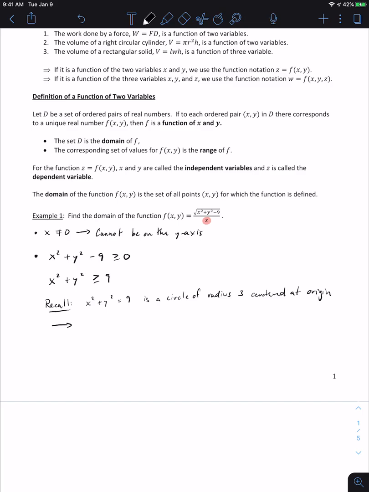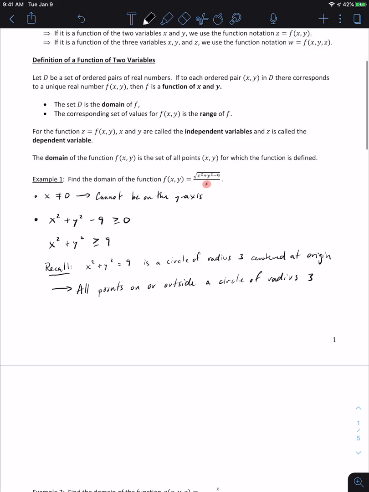Because we have greater than or equal to 9, we know that our domain, if we need to satisfy this, what we're allowing is all points on, and why on? Because of the equal to part, on a circle, and then or outside, because we have greater than or equal to. So whatever we've got has to be bigger than the circle, right? So all points on or outside a circle of radius 3.